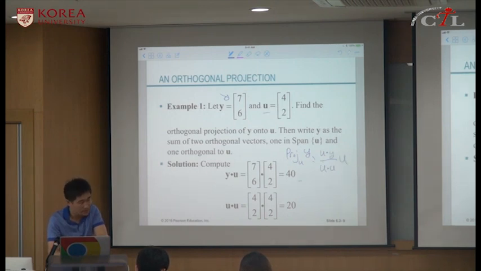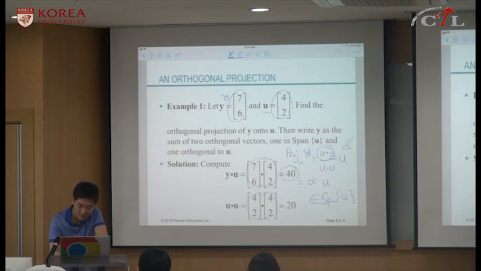So basically, it should be represented as alpha times u, because that should belong to the span of u. Let's plug in each of these vectors into our formula, and u dot y is represented as this, and then we obtain this. This guy is just 2 as the scaling factor. So the answer is 2u.